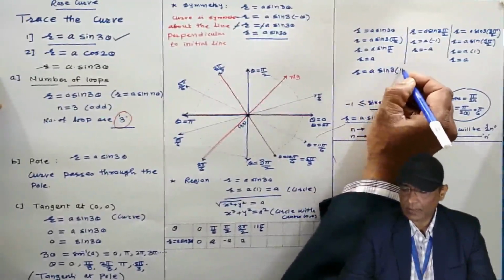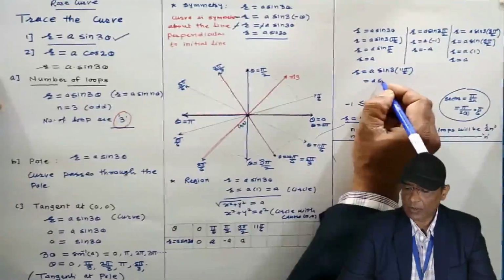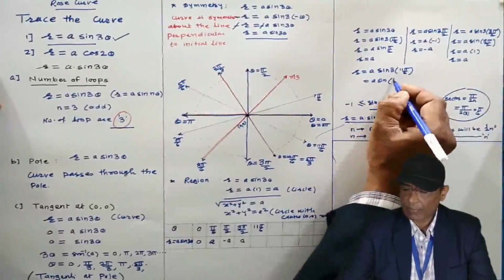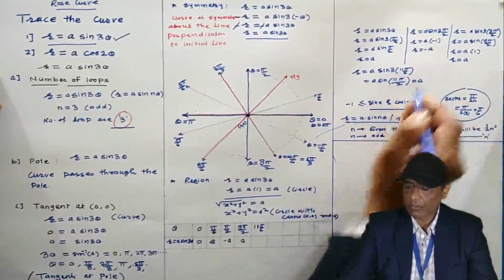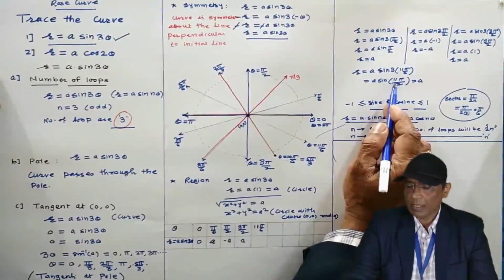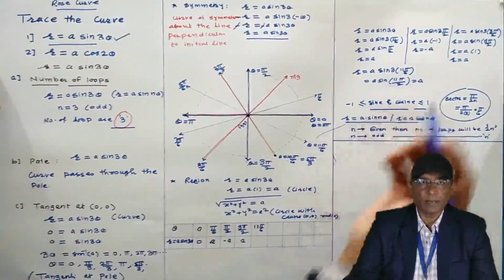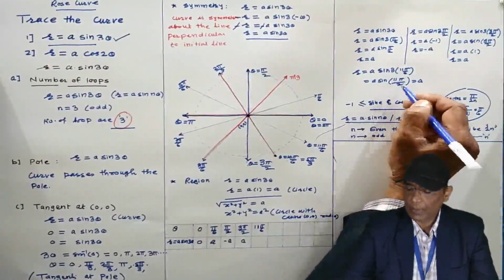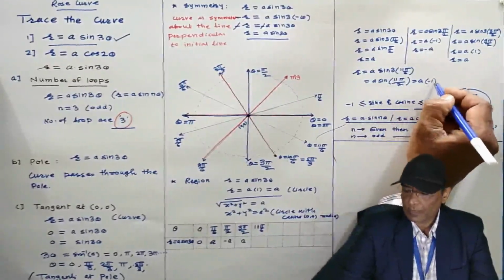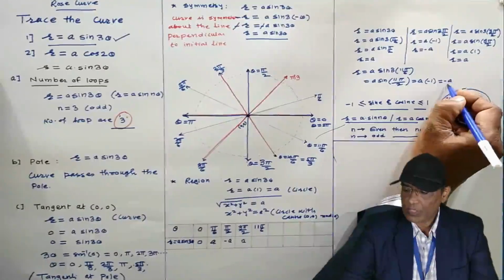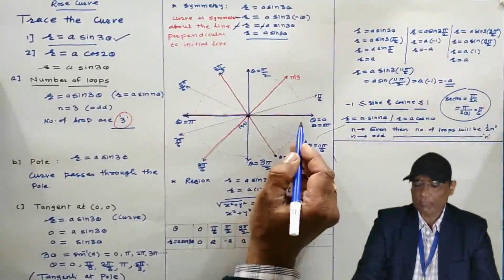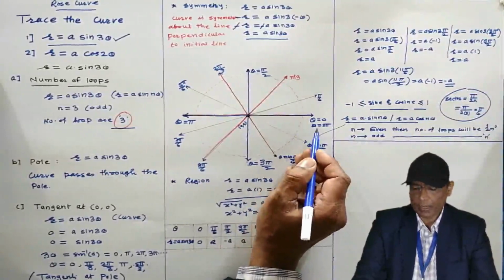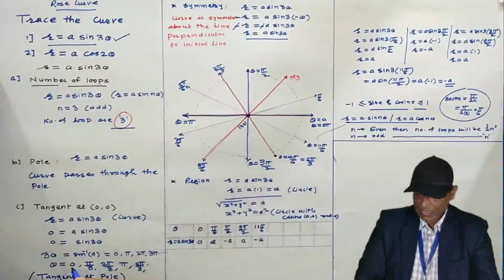Sin 3 theta, and this is sin of 11 pi by 2. And the value of sin 11 pi by 2, use calculator, is minus 1. And the value of r is minus a for this one. And for theta equal to 0 or theta equal to 2 pi, the r is 0 again.